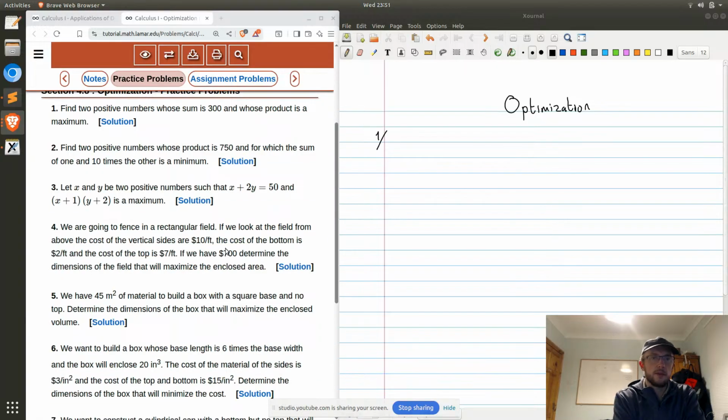Find two positive numbers whose sum is 300 and whose product is a maximum.